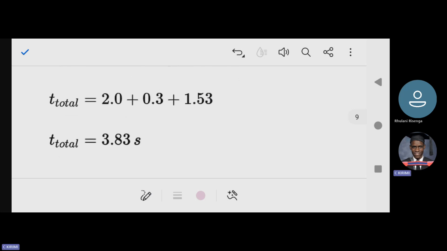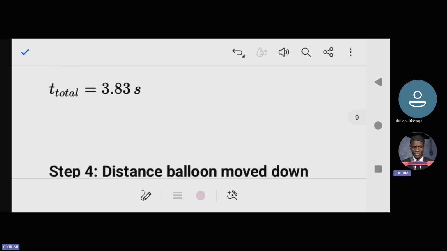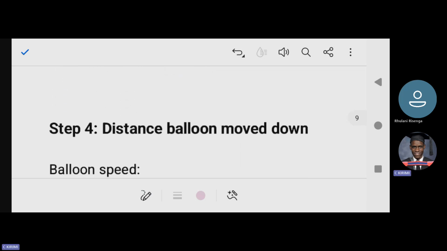The total time that has elapsed while the balloon is moving downwards is 3.83 seconds. So that is step number 3, where we added the total time that has elapsed.